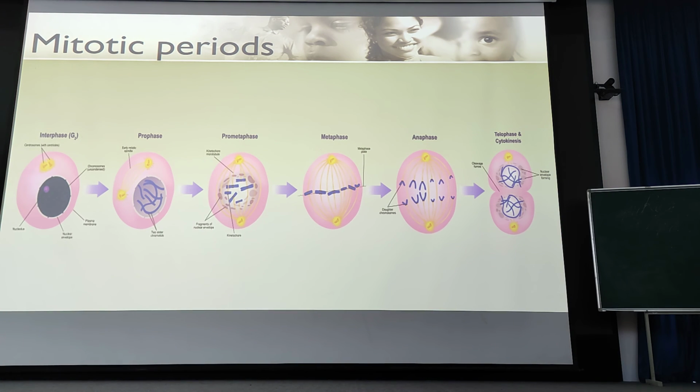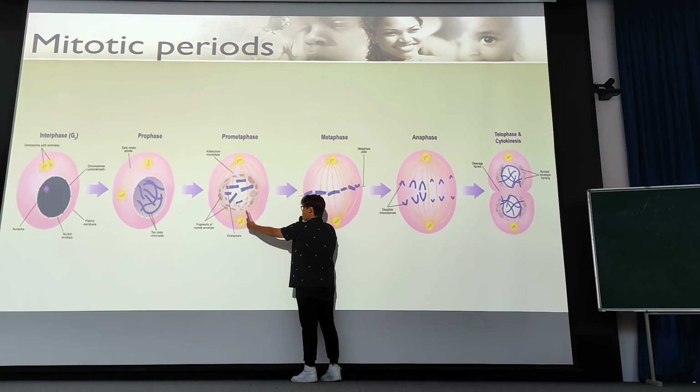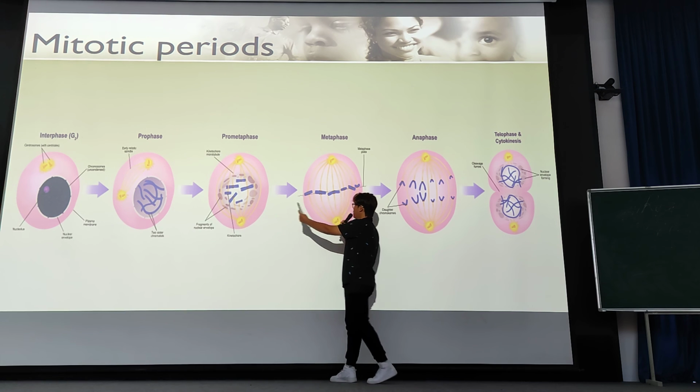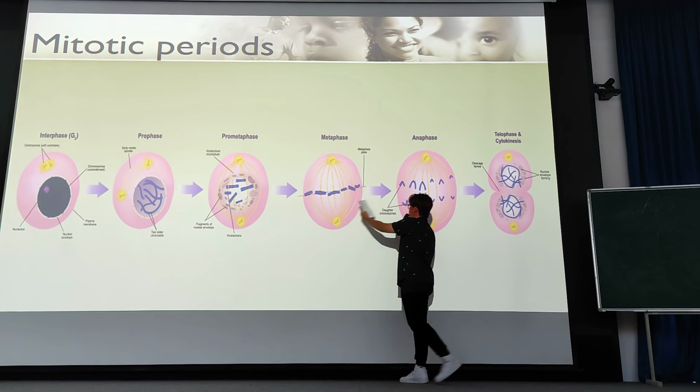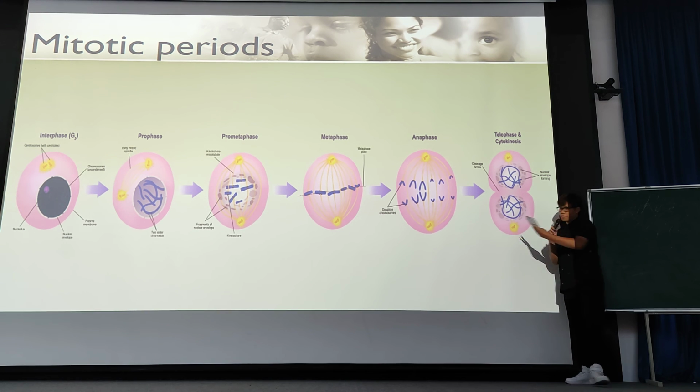We have about six mitosis periods: first interphase, then the beginning of the first phase, the end of the first phase, the middle phase, the next middle phase, and the final phase.